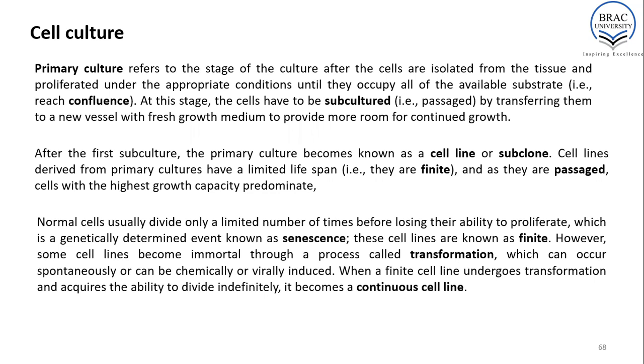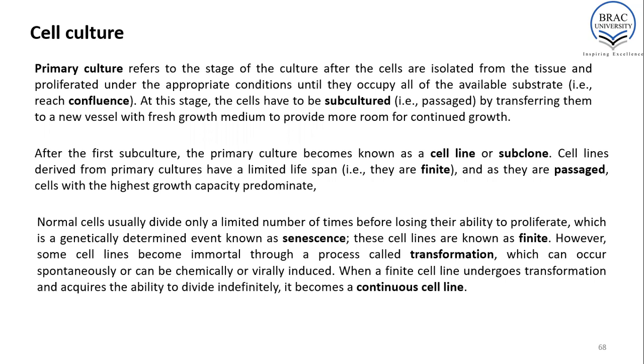Normal cells usually divide only a limited number of times before losing their ability to proliferate, a genetically determined event known as senescence. These kinds of cell lines are known as finite.